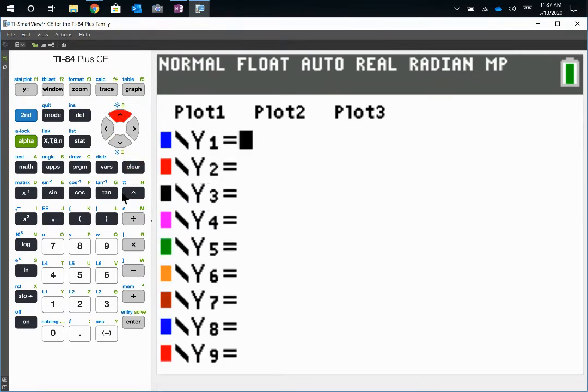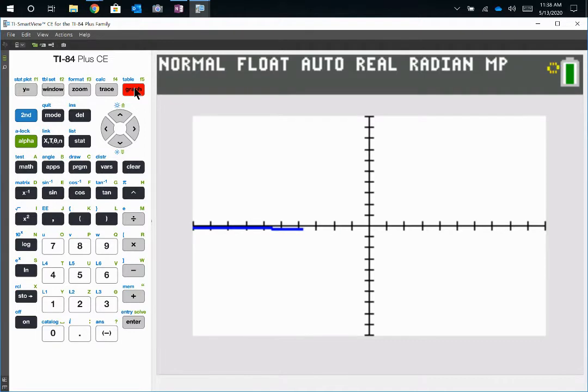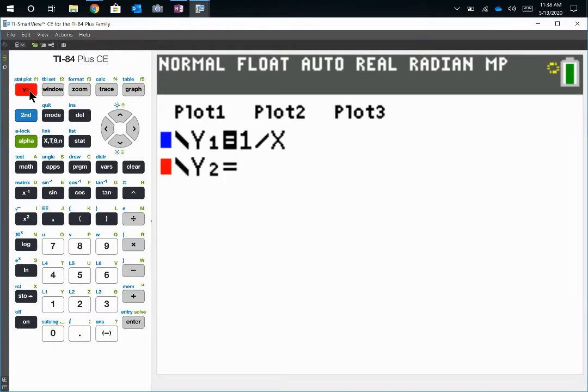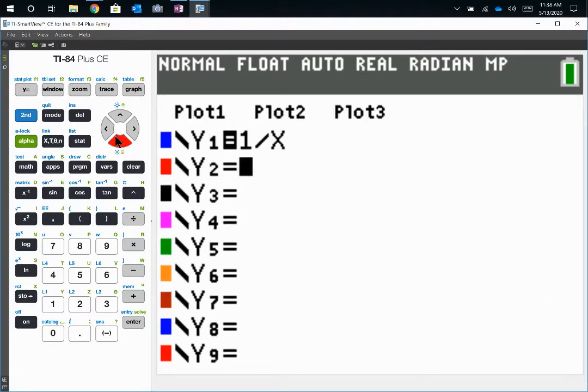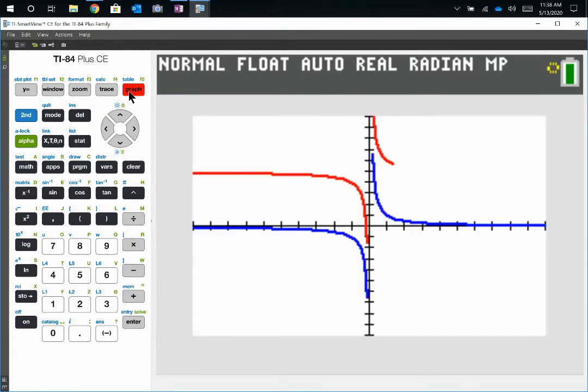So if I typed in the 1 over x function, I know that it looks like this graph. Remember that from chapters 3.2 and 3.4. And then if I wanted to shift that function up 5, I would make sure that I put that 1 over x in parentheses and then add 5 to the whole thing. And now we can see the whole function being lifted up 5 places.